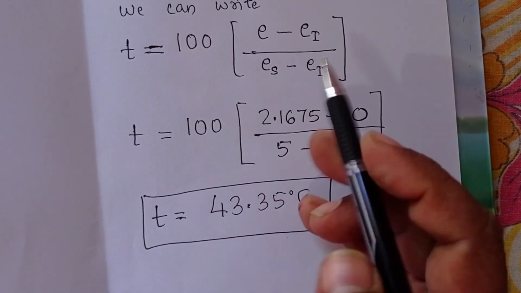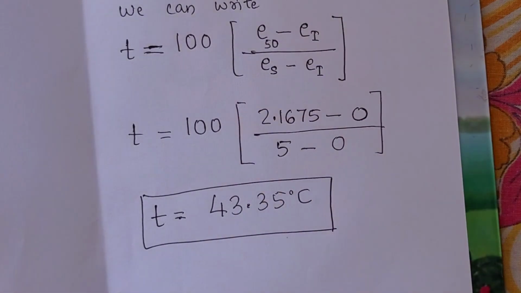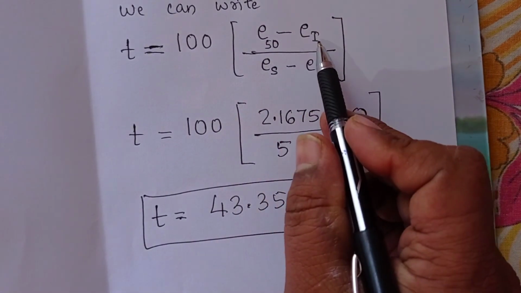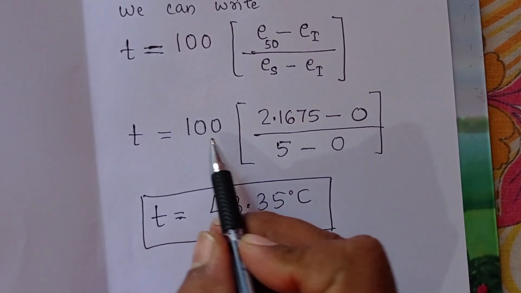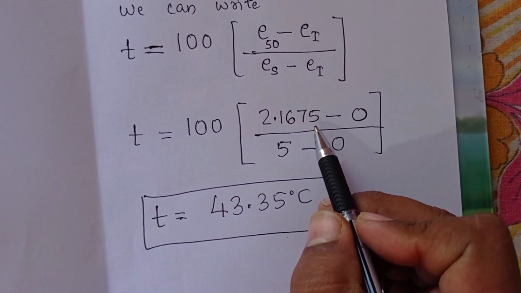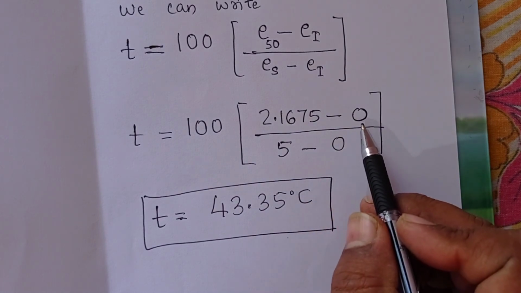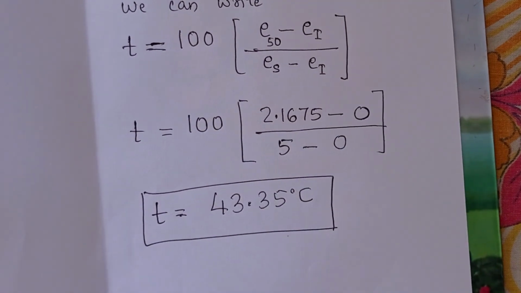E is the value at 50 degree centigrade, you can write E50. So T will be equal to 100 into bracket 2.1675 minus 0 divided by 5 minus 0. We will get the value of T.